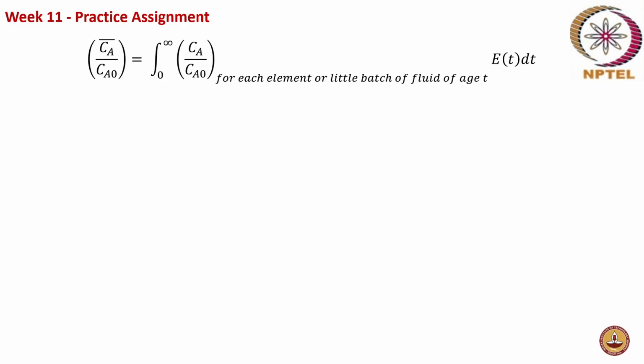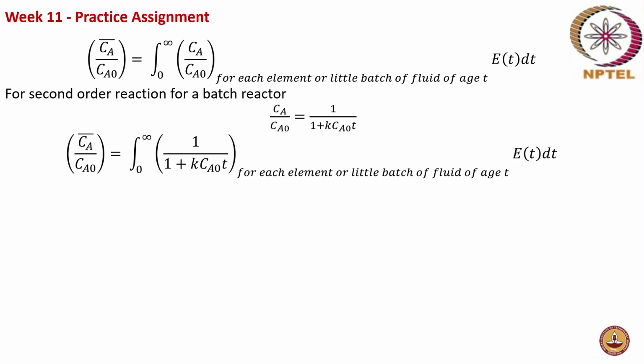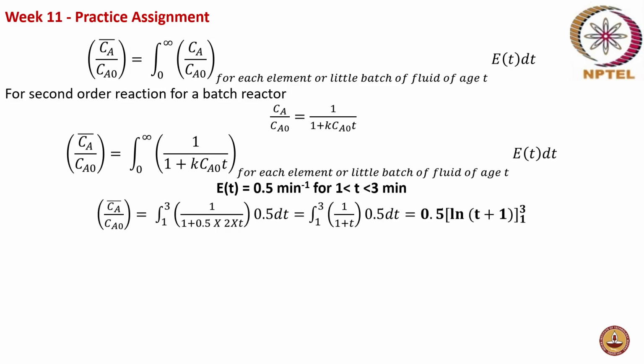Now substituting that value of Ca by Ca0 into the expression for the average concentration, Ca bar by Ca0 is equal to the integral from 0 to infinity of 1 divided by 1 plus K Ca0 t, into E of t dt. Now E of t is given as 0.5 minute inverse for time 1 to 3, so again we have to split the integral.